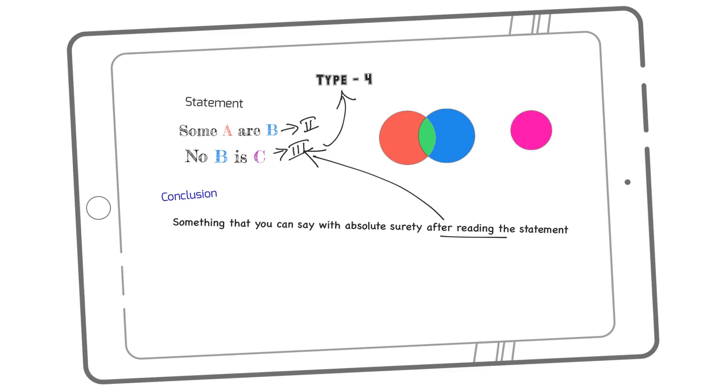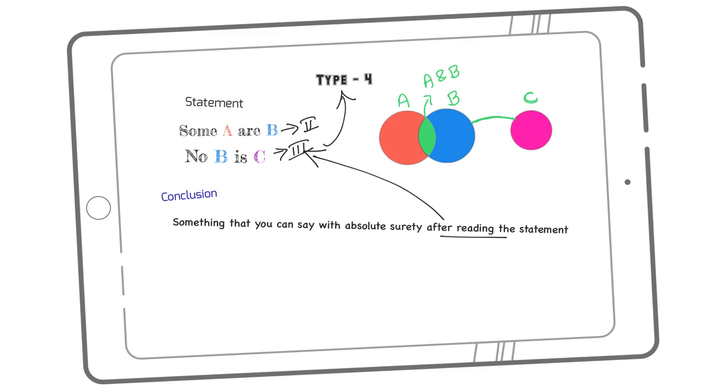I drew A, I drew B, and I drew C. This is my A, this is my B, this is A intersection B, and this is the isolated C. So no B is C, right? They are not at all associated.